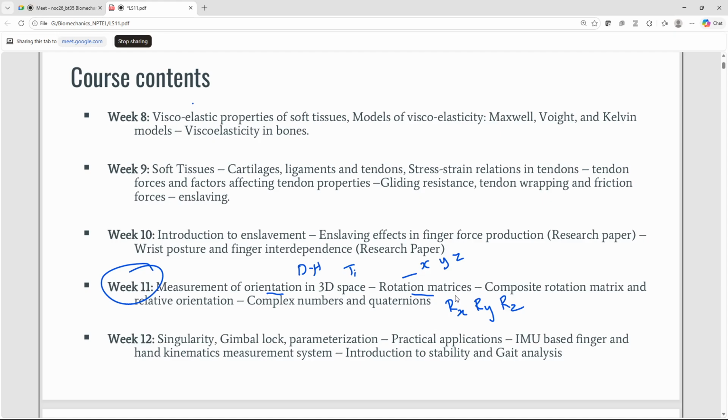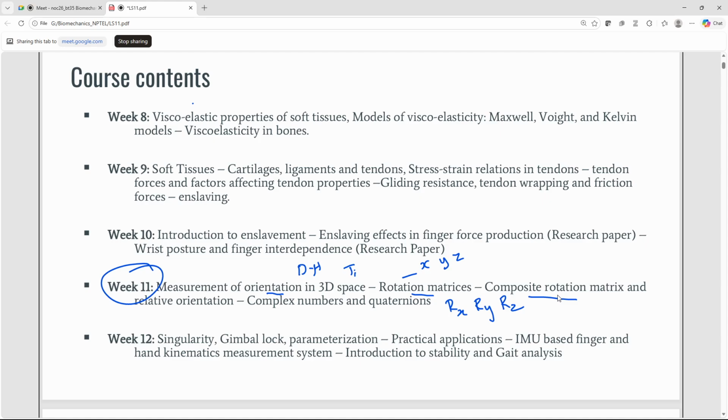Suppose any component or vector has to be rotated about more than one axis or plane, then there will be something called composite rotation matrices. That is, these rotation matrices will be operated together to get the new position.